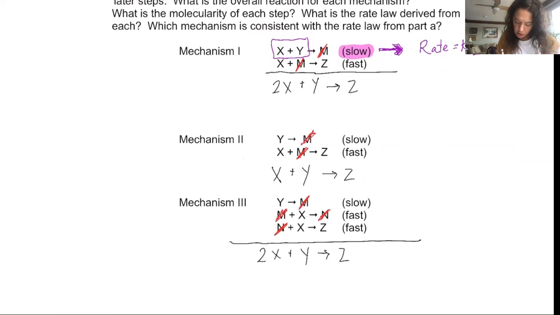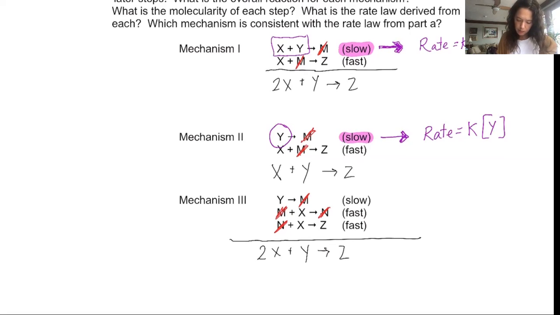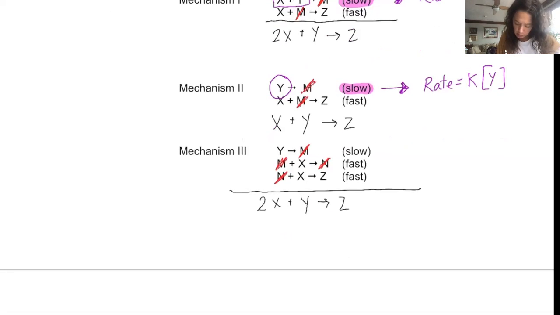According to mechanism 2, I need to go back to the slow step. And I'm always going to write rate equals K. And then I'm going to look at the reactants. There's only one Y. So that's it, right? Okay. Now we're going to go to our last mechanism, go to the slow step.